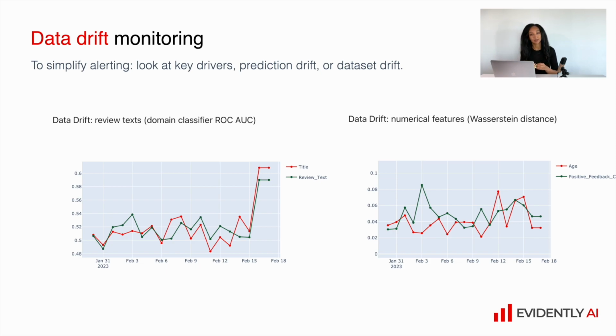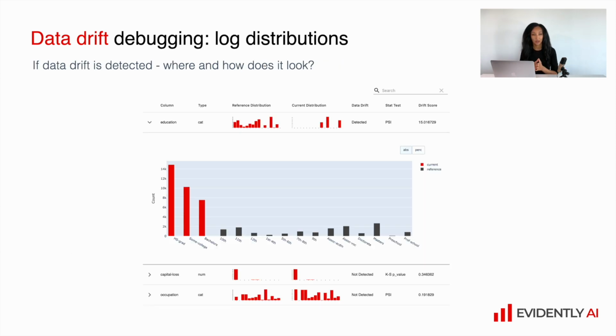Previously, we discussed data drift for embeddings, text, and of course, you can build it up for tabular data. And you can track the share of drifted features for the whole dataset so that you can get alerted only if a lot of features have drifted. As for debugging, you can log some distributions so that in case of drift, you can see how the distributions look on different periods of time and compare them.